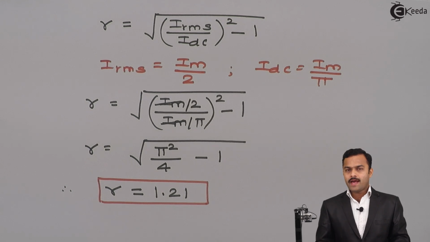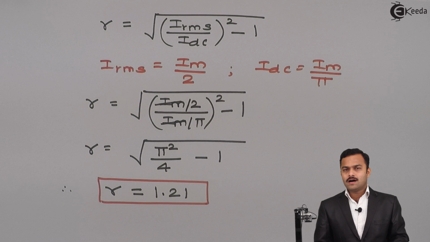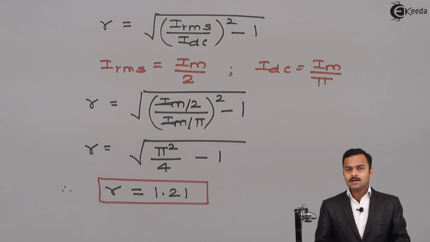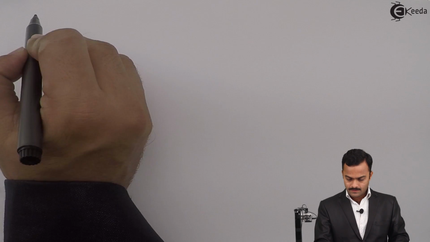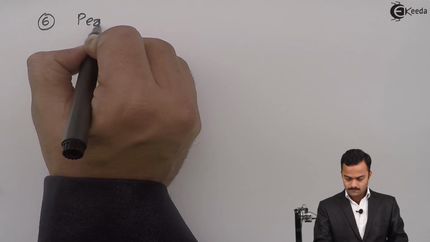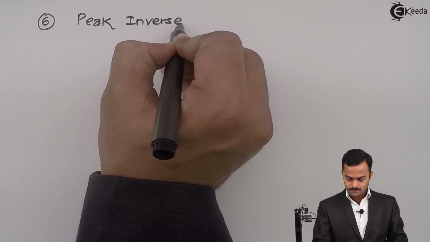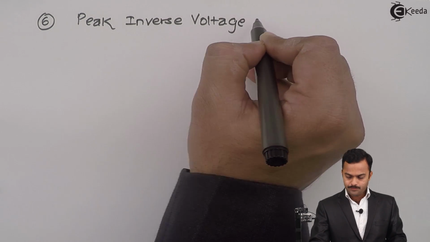So it is very high ripple in case of half wave rectifier output voltage and current. So filter requirement is very high. Next parameter is peak inverse voltage, and that is PIV.